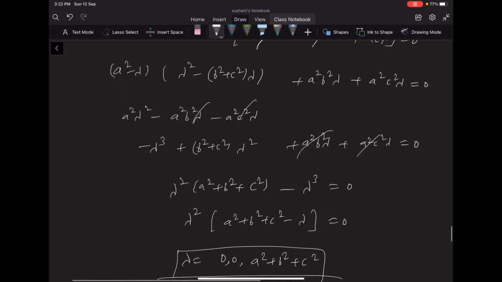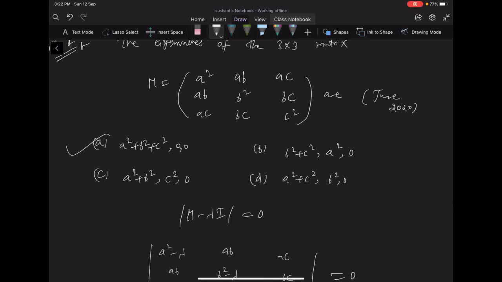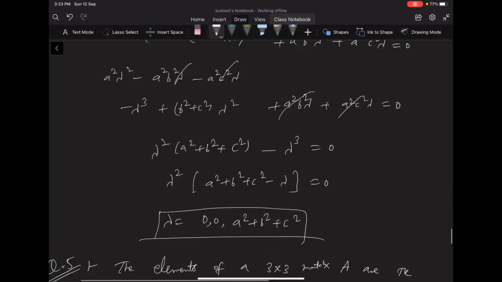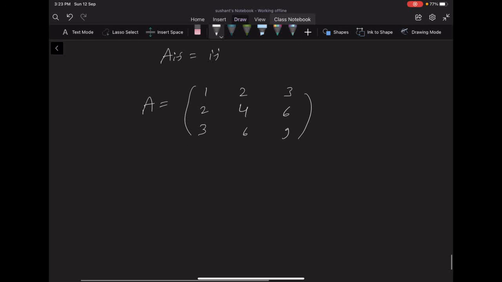And if we see the previous question, where the matrix M is A square, AB, AC, AB, B square, BC, AC, BC, and C square, when we put A, B, C as 1, 2, 3, we will get this matrix A. So we can similarly solve that characteristic equation to get the eigenvalues of this matrix A. Then we will get the eigenvalues in the form of A square plus B square plus C square, 0, 0, same as the last question.